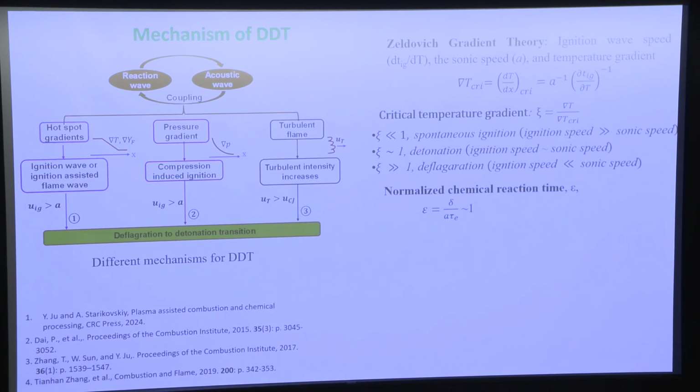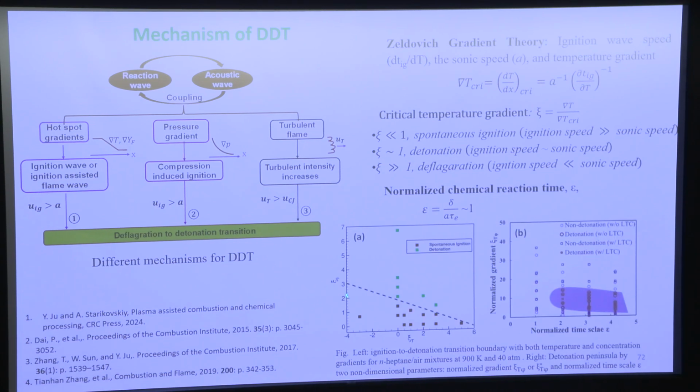In other words, the heat release generated in the combustion zone is faster than the acoustic speed. That means the acoustics cannot dissipate my energy away. The only thing left is to build my pressure. So this criterion is pressure coupling. This criterion is to make the supersonic speed. So these are the two.